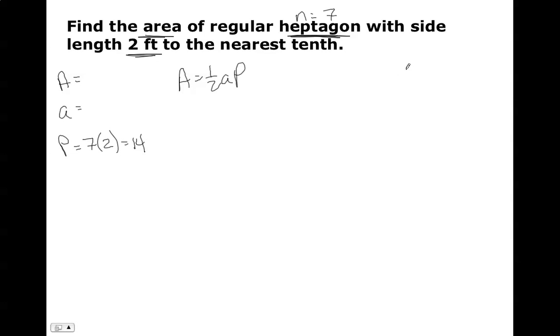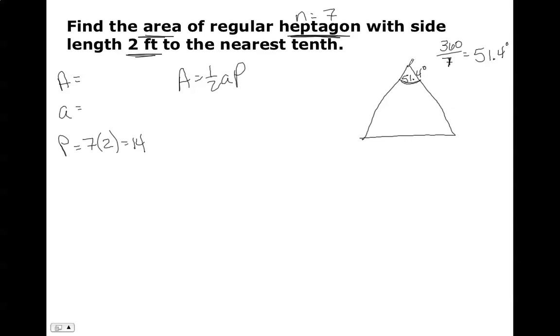I'm going to pull out one isosceles triangle from inside the heptagon. To find the central angle, remember I do 360 divided by n, in this case 7, and I get about 51.4 degrees. So this angle is 51.4 degrees.